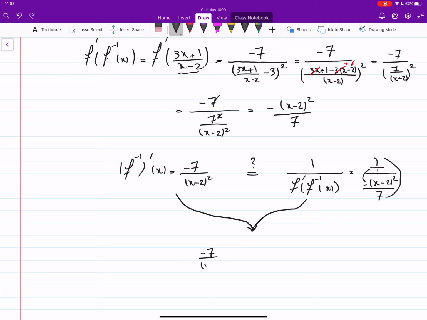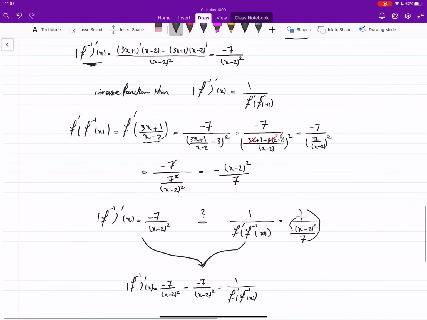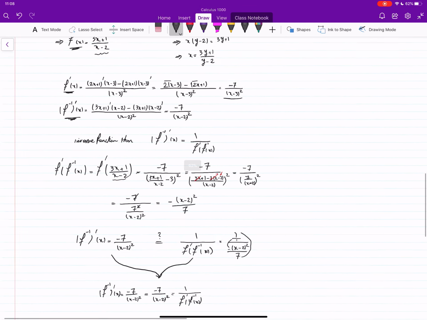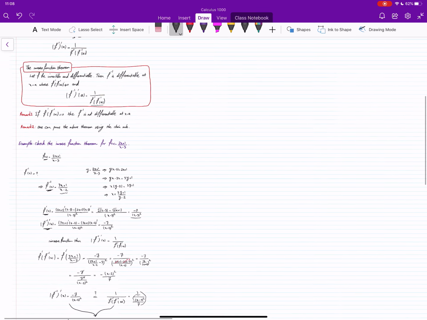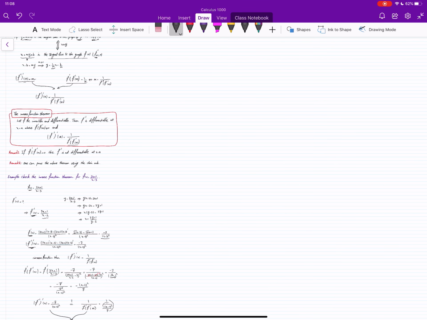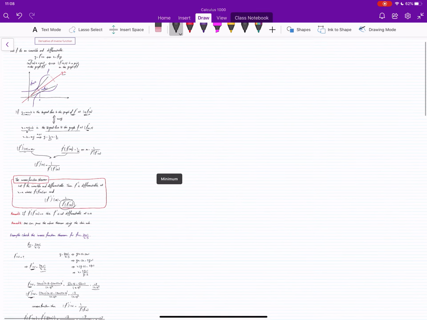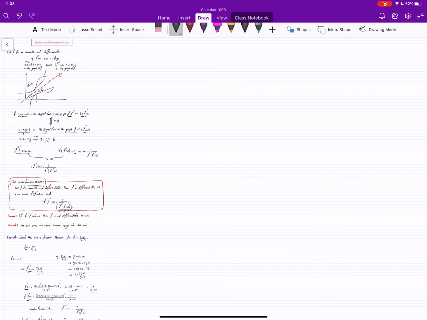Negative 7 over x minus 2 squared is the same as 1 over f prime of f inverse of x, and this is the derivative of f inverse of x. This is just a simple example, but the inverse function theorem says that you do not need to compute f inverse. You just need to know f, and then using the theorem you can find the derivative of the inverse function at that point.